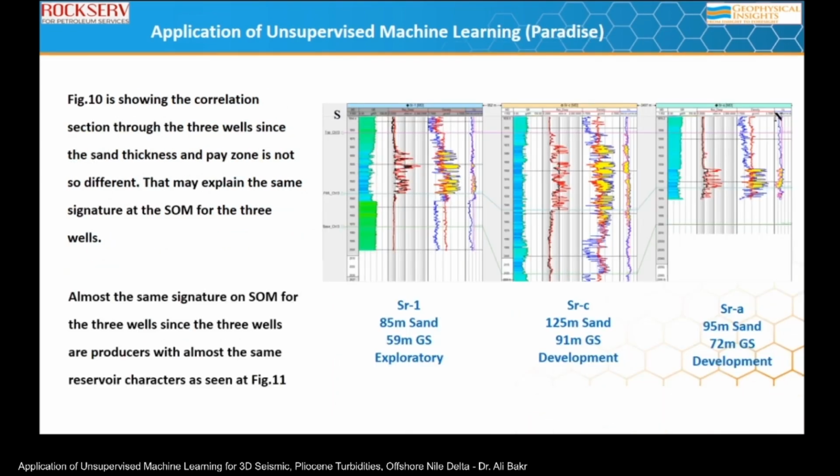Before posting the wells, I'm going to show you some correlations just to keep in mind the variation in thickness. Those are the 3 wells from south to north, and as you can see, the thickness of the sand ranges from 85 up to 120. There is no big difference in thickness, but actually there is a difference of about 25% to 30%.